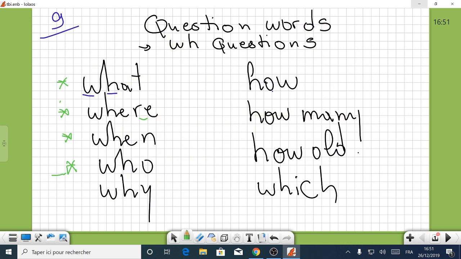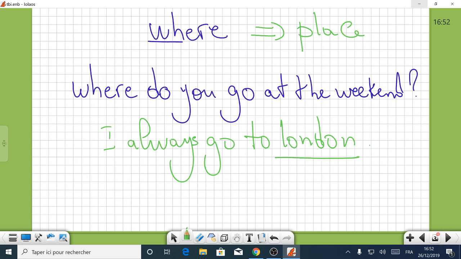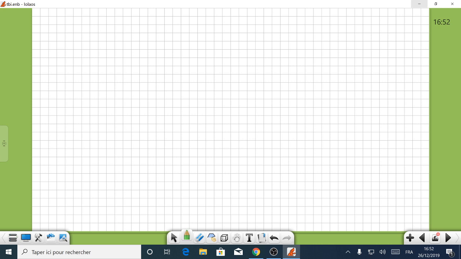So we have seen how to work with what, where, when and who. Now we go to the next one, which is why, and we do the same thing. We give an example.